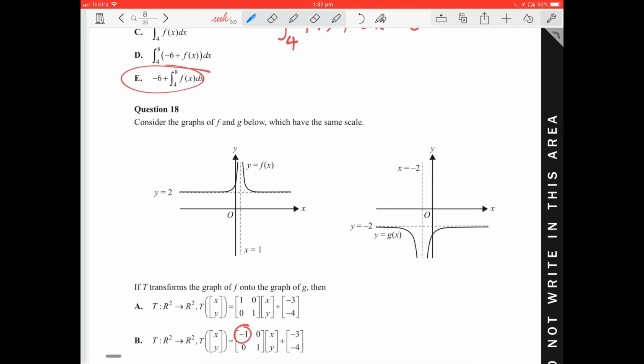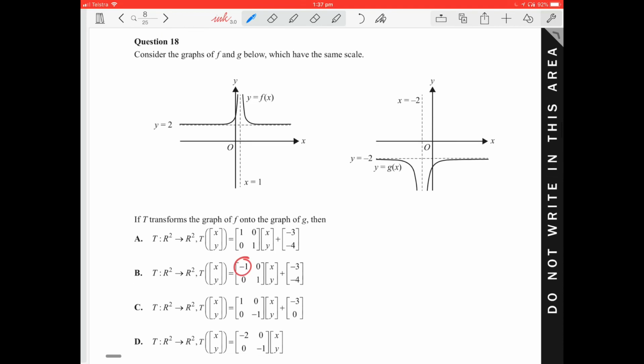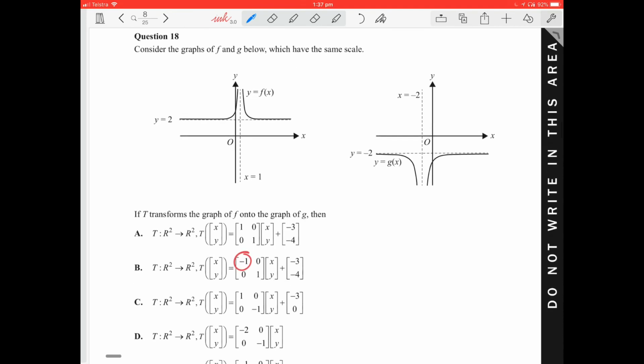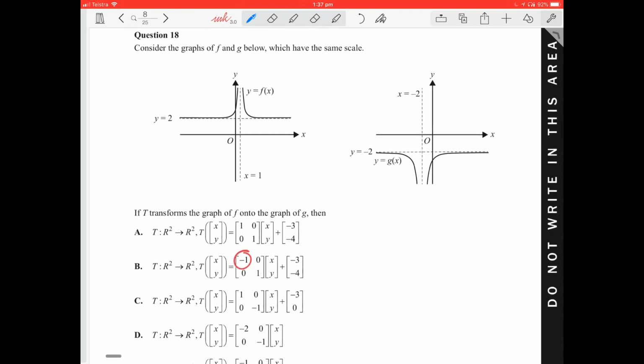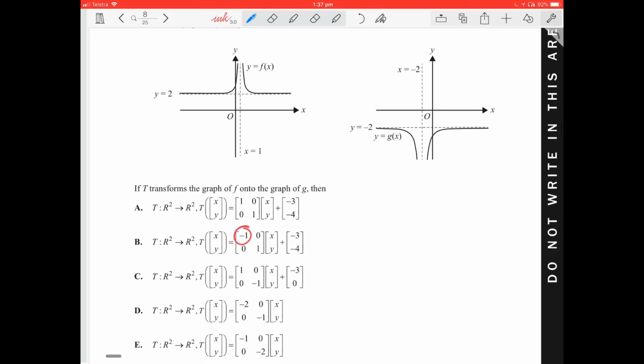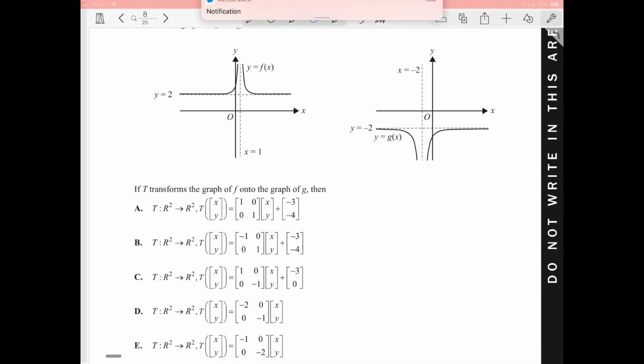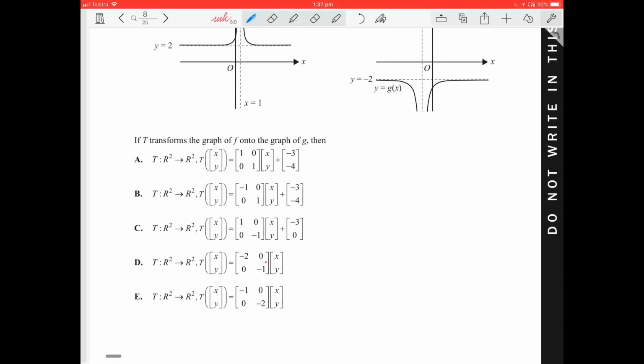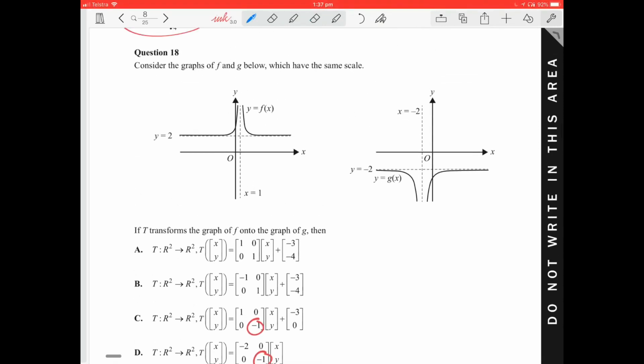Okay, so it's been reflected in the x-axis, not the y-axis. So that's reflected in the x-axis.